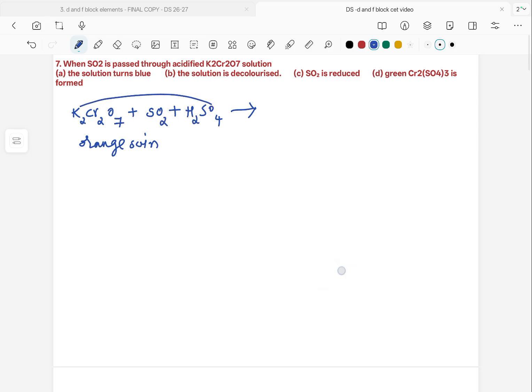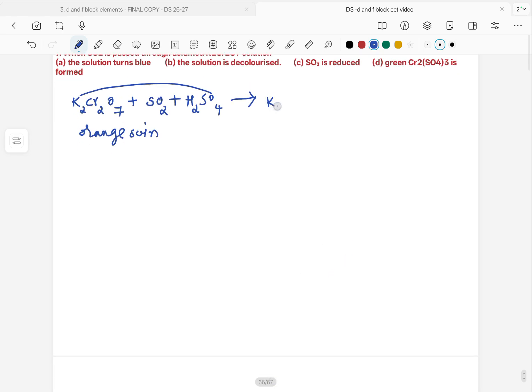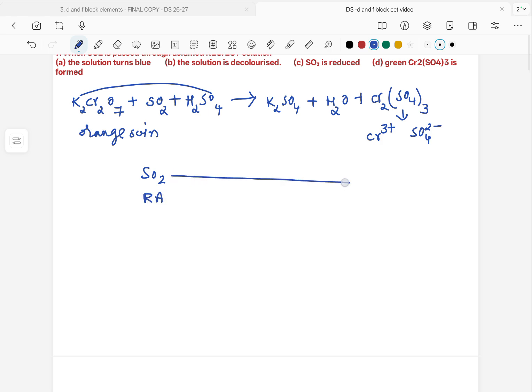Potassium will convert into potassium sulfate and producing water molecule along with chromic sulfate, where you have Cr3 plus ion and SO4 2 minus ion. Here sulfur dioxide is a strong reducing agent and it will undergo oxidation to sulfate ion.